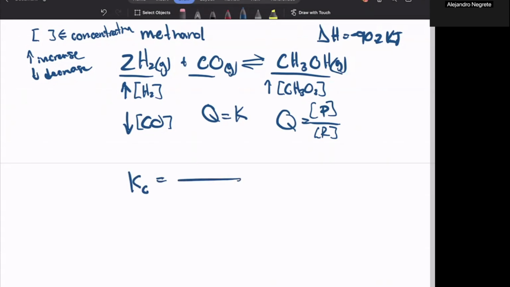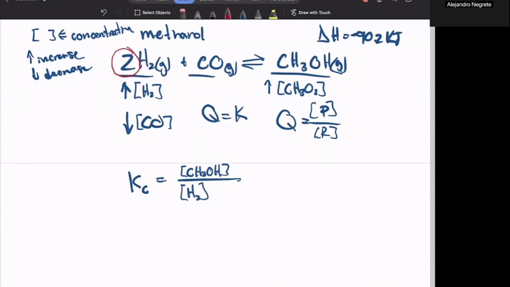If we assume that K is equal to Q because we're at equilibrium, our formula would be concentration of methanol over our concentration of hydrogen gas. And then we have to make a note of this here.